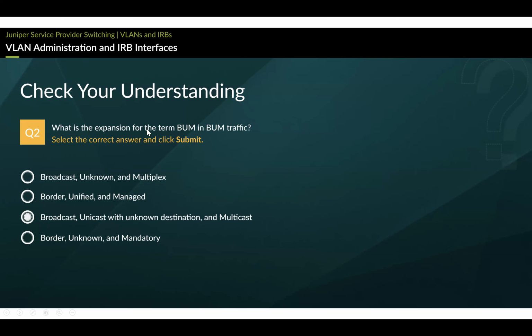What is the expansion for the term BUM in BUM traffic? BUM traffic means when a frame comes in on the incoming interface and the MAC address has no entry, or you can say an unknown MAC address, or it can be a broadcast or multicast MAC address. Those frames will create the BUM traffic.